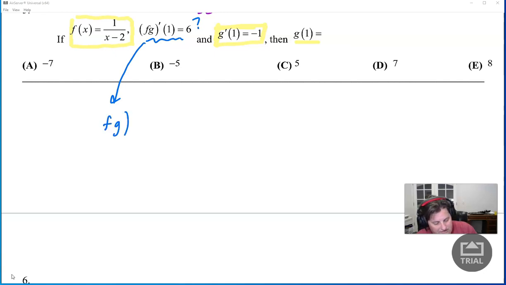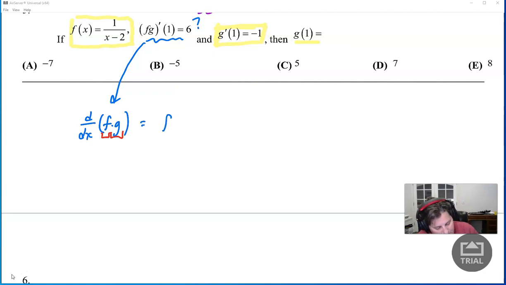This notation is saying I'm multiplying f by g and I'm taking the derivative of it. It would be the same thing as saying derivative of f times g. That's just notation. And I know that f times g is a product rule, right?